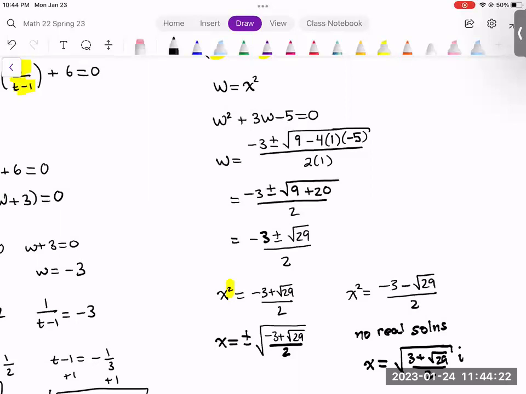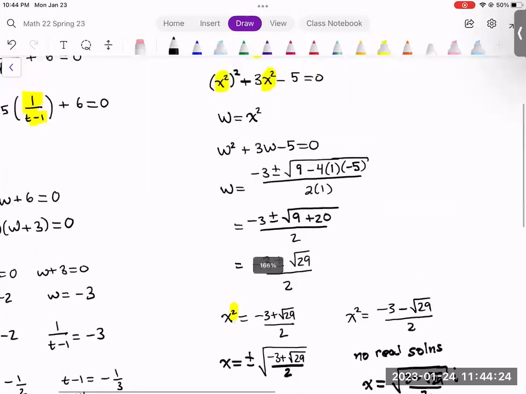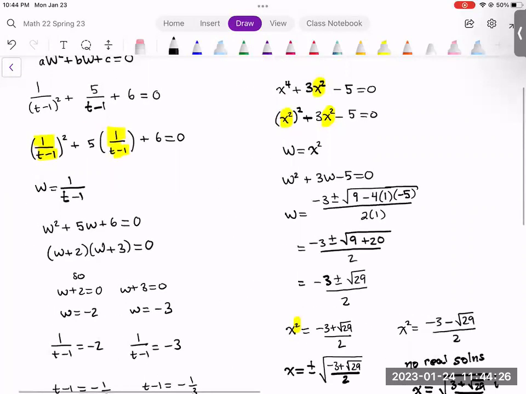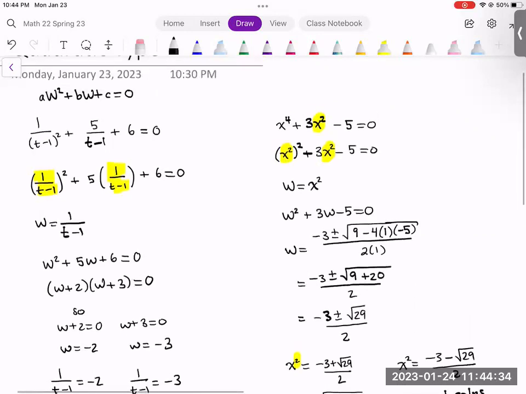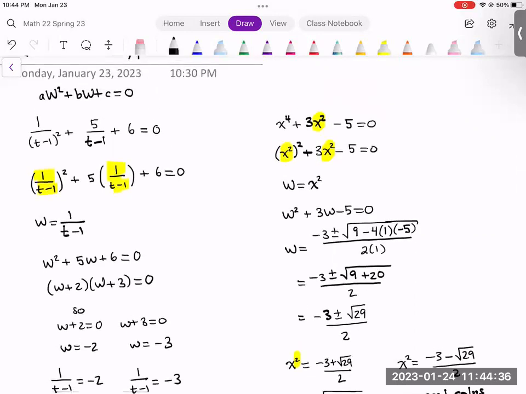Okay. So the tools that we had previously for solving quadratic equations can still be used even if we're looking at expressions that aren't exactly quadratic. Great.